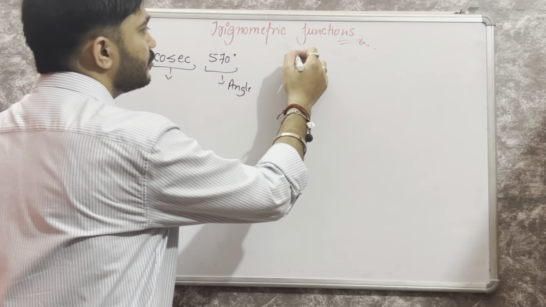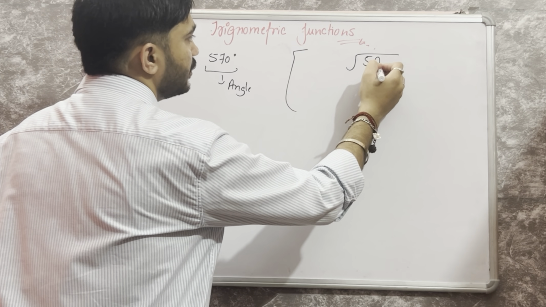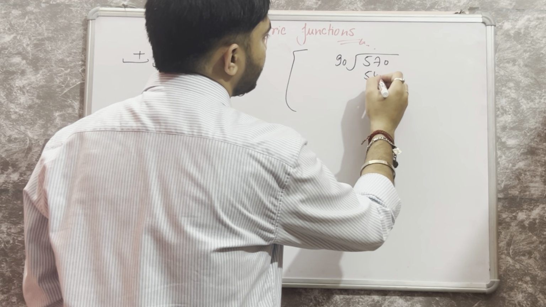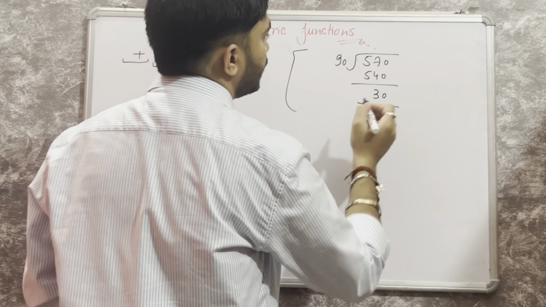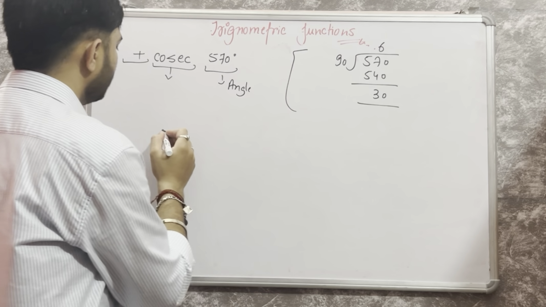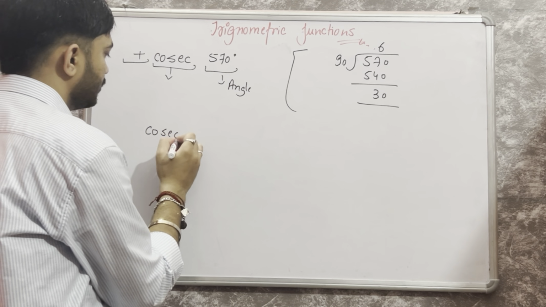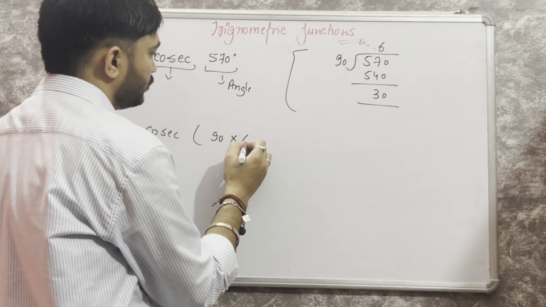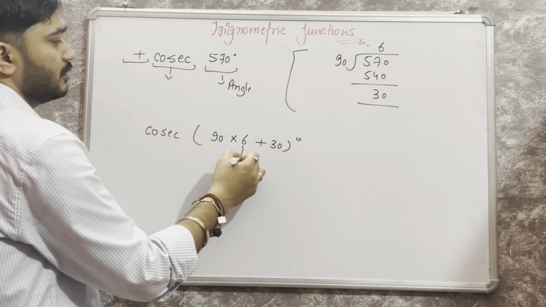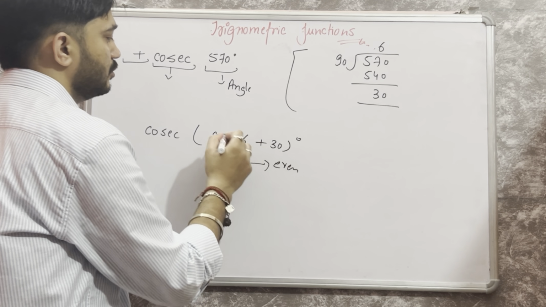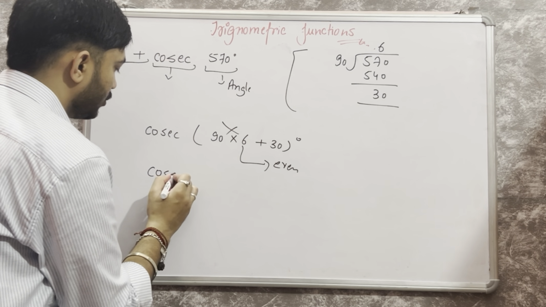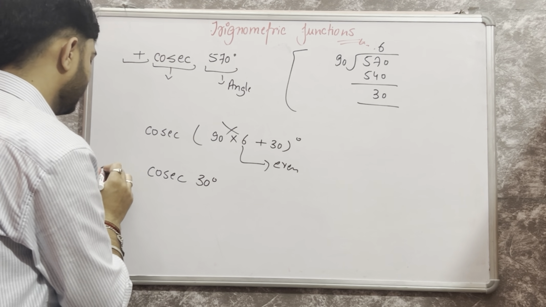What we are going to do first is divide 570 by 90. We get 540 and the remainder will be 30. So we get cosec of 90 into 6 plus 30 degrees. Here the number is even, so it will get cut out and no name will be changed. So we get cosec 30 degrees.